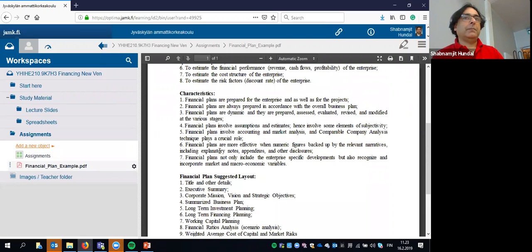Okay? One of my mantras, one of my suggestions to my students, is always to find literature which talks not only about one side, but multiple sides. You get my point?